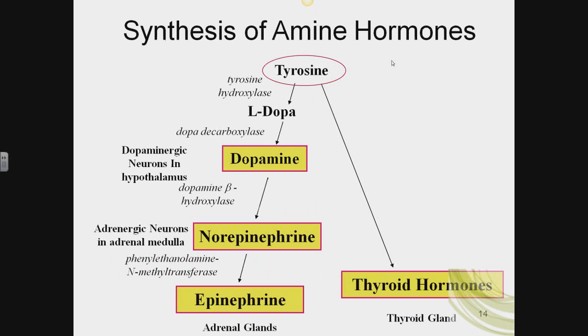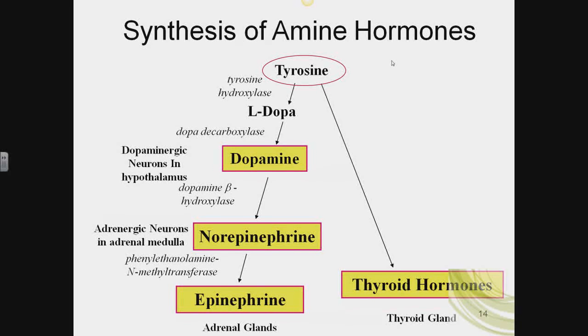Then we have the synthesis of the amine hormones, this summary slide. Again, typically water loving, don't need a carrier, receptor on the cell membrane. And this is showing you how tyrosine can be used to make your catecholamines. And yes, dopamine, even though used as a neurotransmitter, is also used as a hormone in the body.